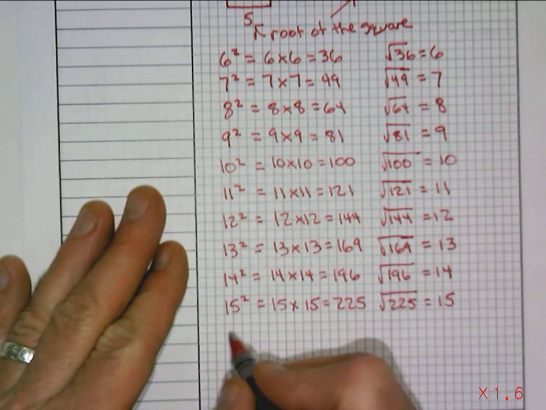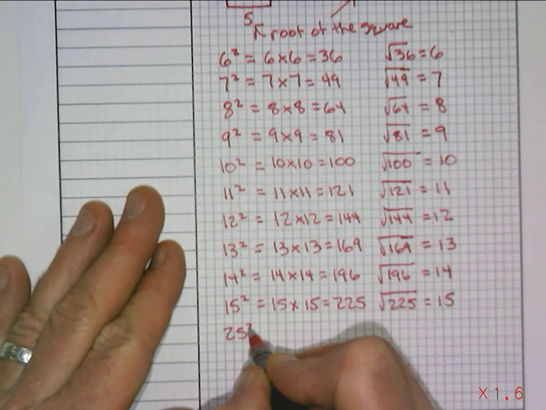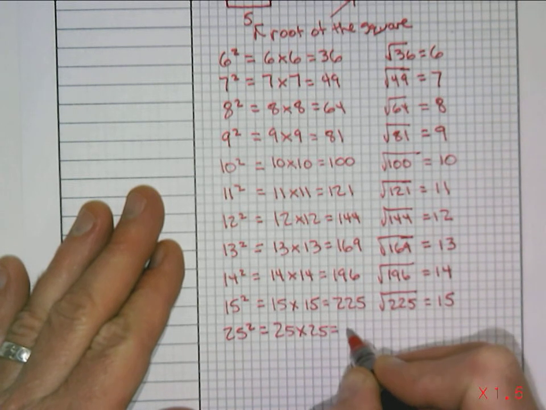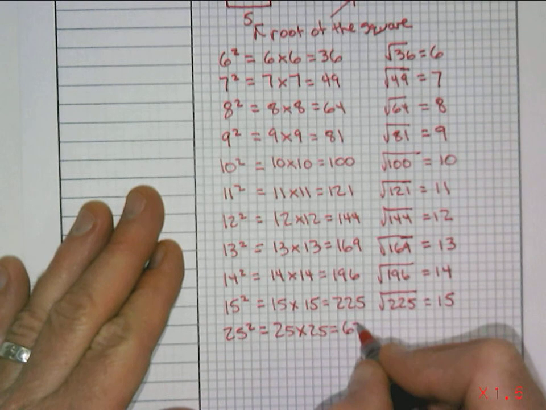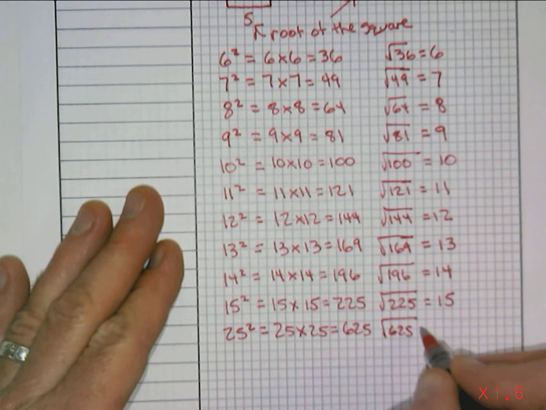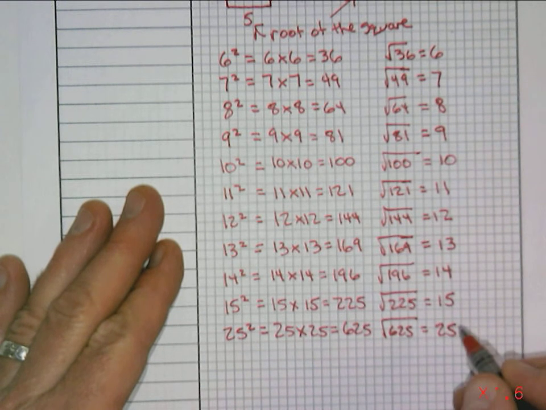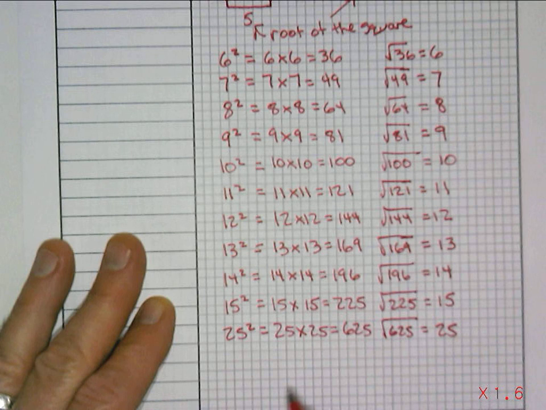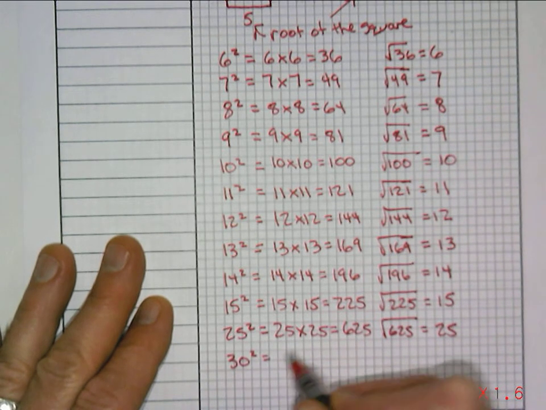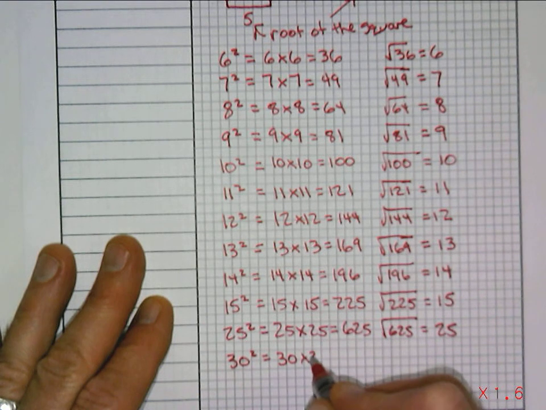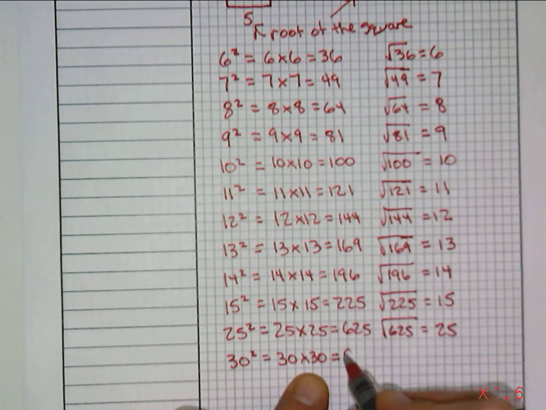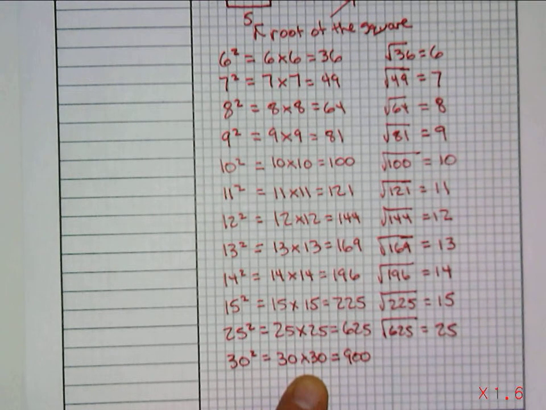Even a few others that might be worth remembering. 25 squared, so we have that one, is 625. So the square root of 625 is 25. And then when you get into the larger numbers, things are actually not that hard because 30 squared, if you think of 3 times 3 is 9 plus a couple zeros, then you have 900.